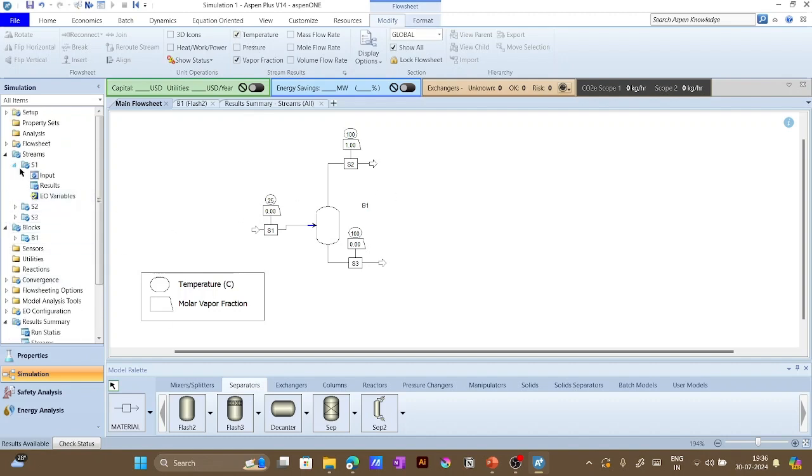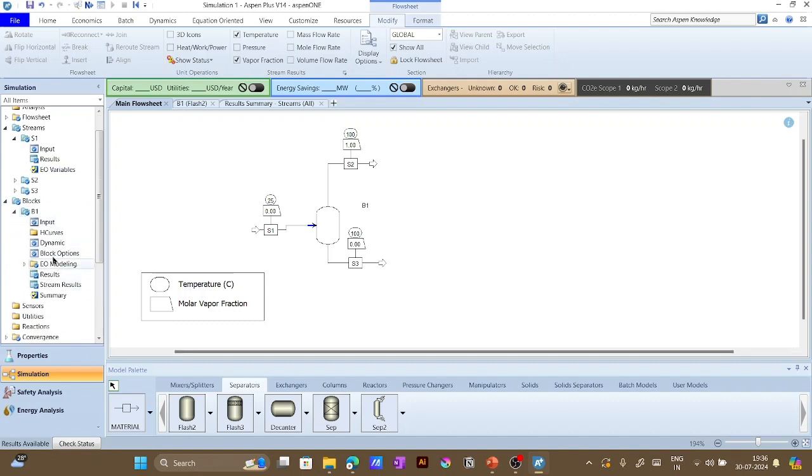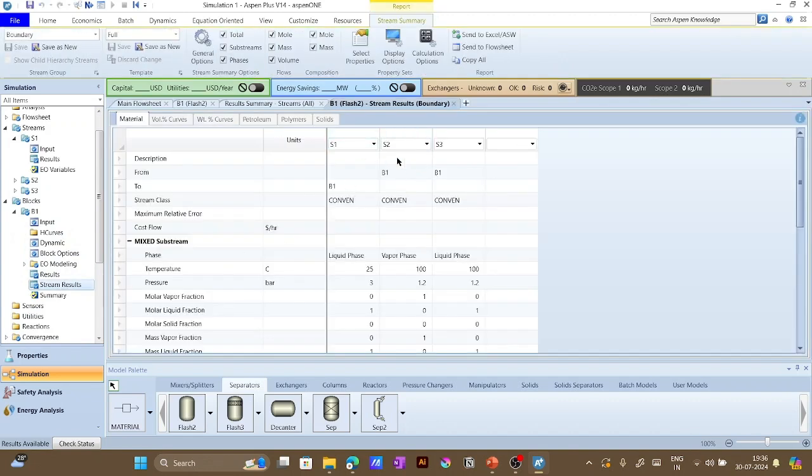One more thing here, let's say you want to just see the data associated with block 1 only. If you go into block 1 and see the stream result here, it will show only the data related to the S1, S2 and S3 streams.